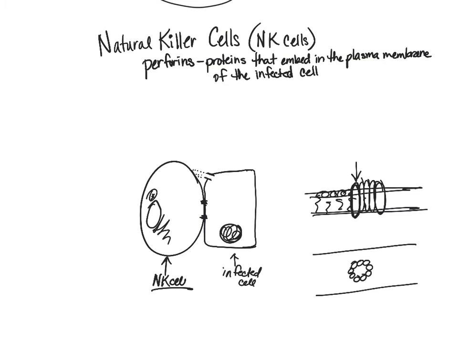So the way that they shoot in is lined up in kind of a circle shape here, and then that creates a pore. So now this is open, and now things can flow inside of the cell, including some enzymes called granzymes. So granzymes are actually going to go into the cell, and then they're going to start to break down all of the stuff that's inside of the cell.